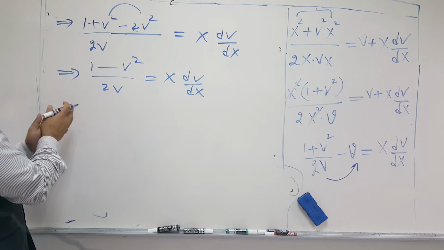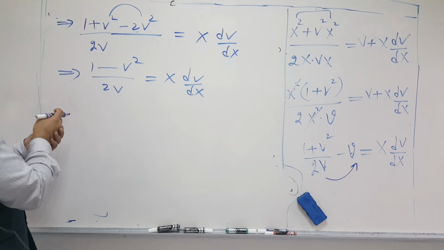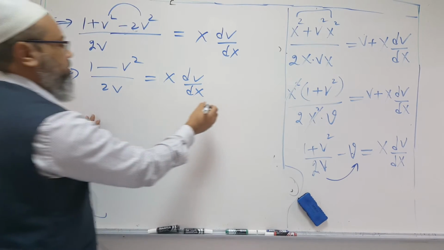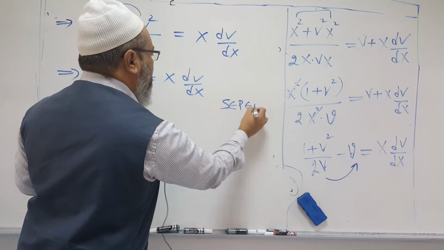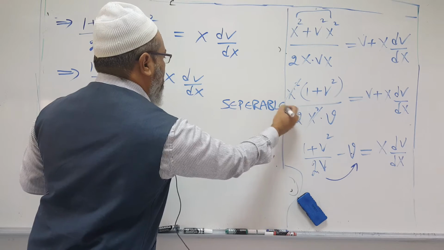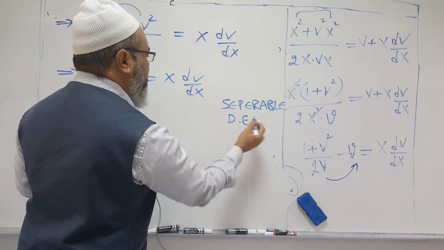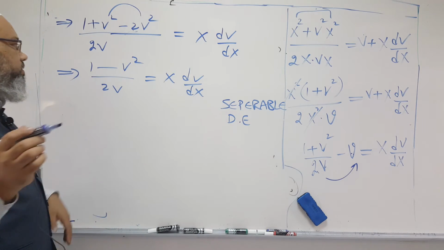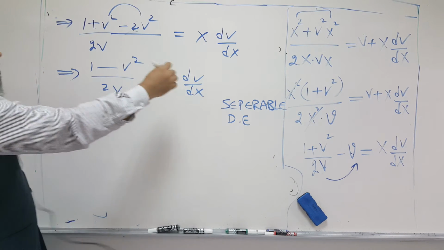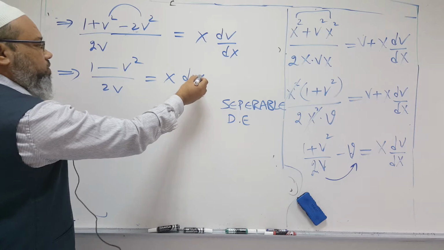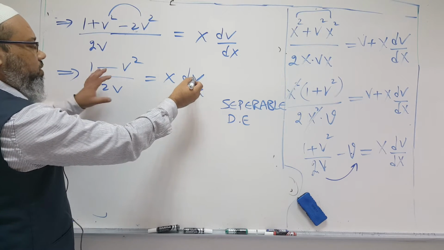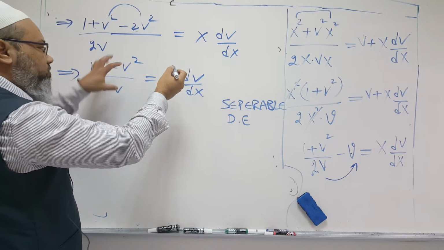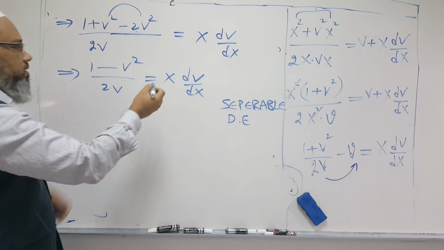Now this equation, if we see, we can change to a separable differential equation. We know the standard form, all x with dx, all y with dy, here but v. Here if you see, dv is in the numerator, so its coefficient must be all v, so all v functions on this side.